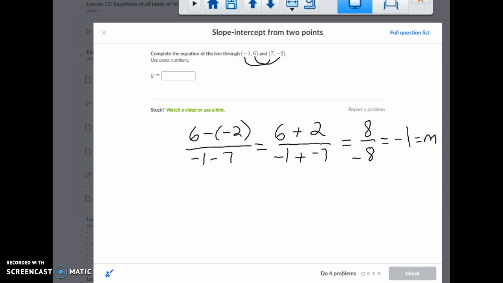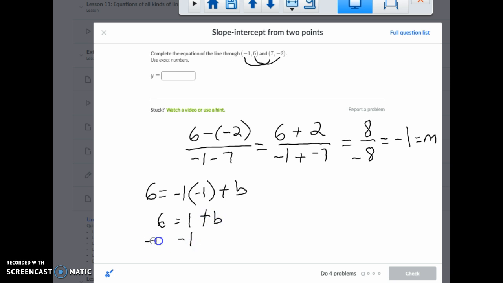So now I'm going to plug in an x and a y. So I have 6, that's my y, equals negative 1 times my slope, which also happens to be negative 1, plus my b, which is missing. Negative 1 times negative 1 is positive 1, so it equals 6 plus the b. Whoops, let me just erase that real quick because that looks a little incorrect. It's 1 plus the b.